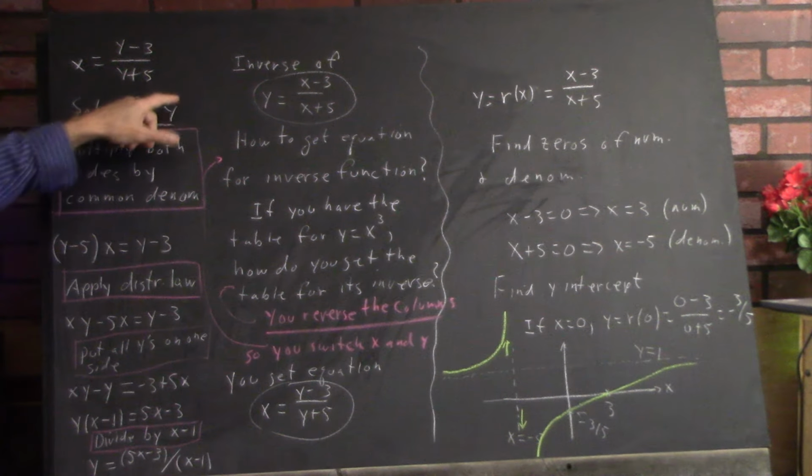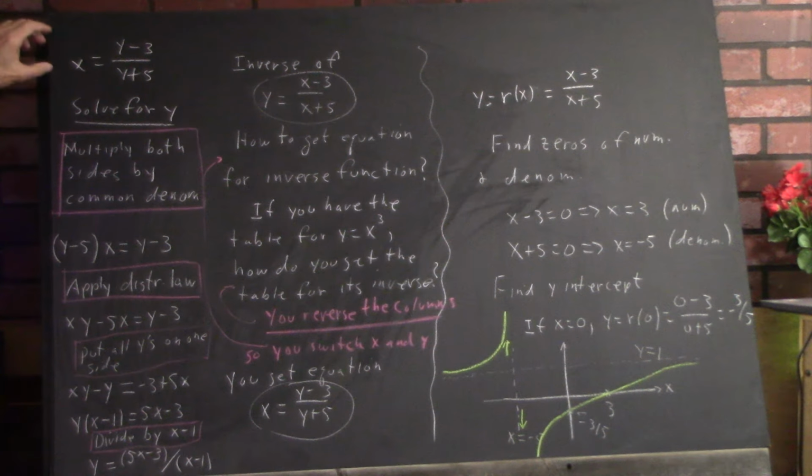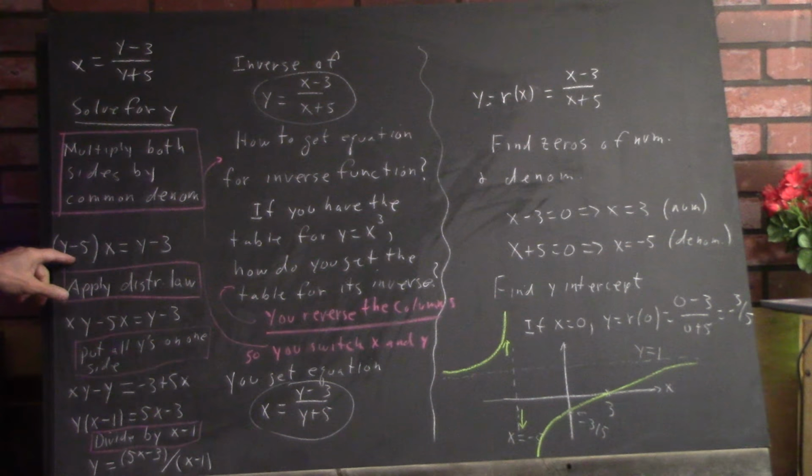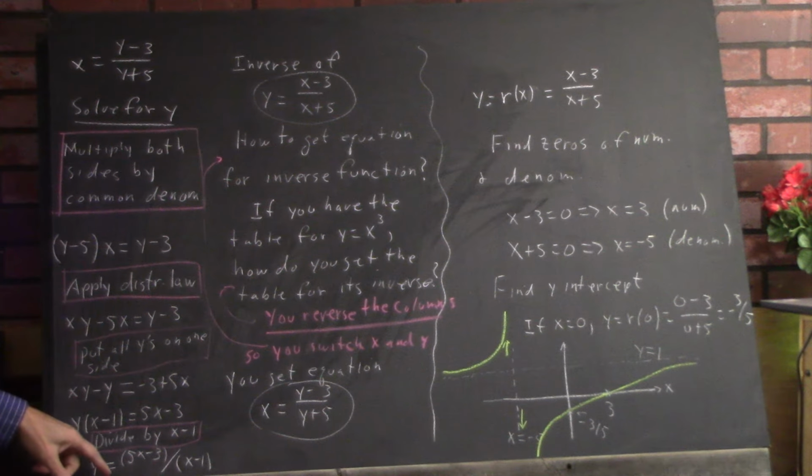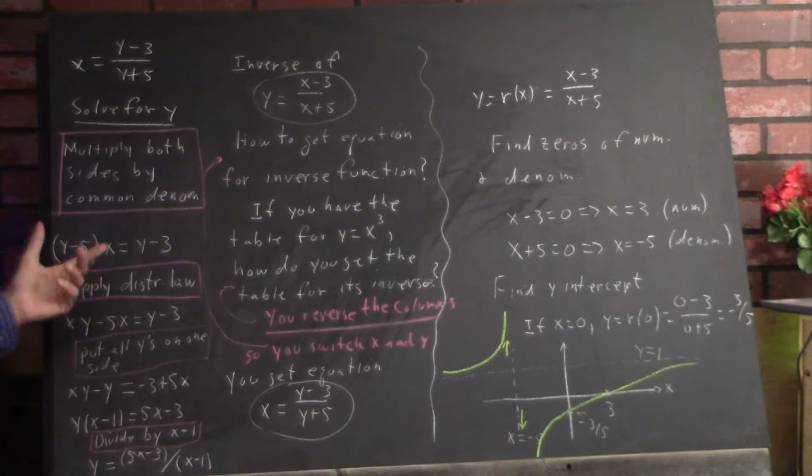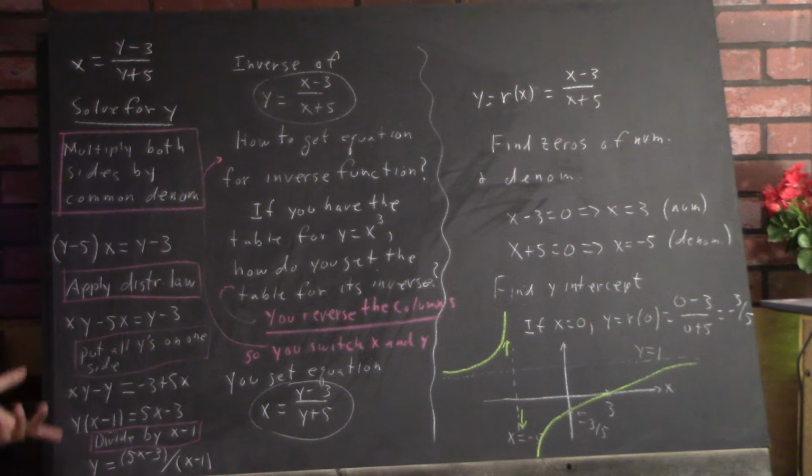Well, if we multiply both sides by y plus 5, we get y plus 5 times x. And you know what I did? I did y minus 5 here. This led to all kinds of problems. Okay? I wrote a minus, and that's going to change the solution. We're going to keep going with this. We're going to find that we didn't really get the correct inverse function.